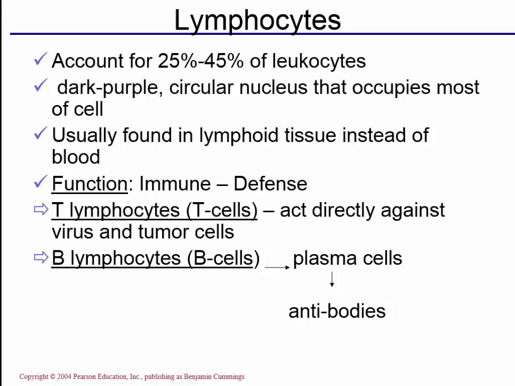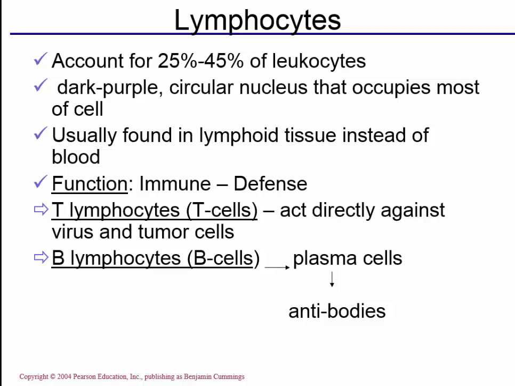The next two types of leukocytes are agranulocytes, and they don't contain granules. Lymphocytes are the second most common type of white blood cell you'll find. They have a dark purple, usually circular nucleus that often takes up the entire cell. Lymphocytes are usually found in lymphoid tissue, which we'll talk about later, instead of in the blood vessel.